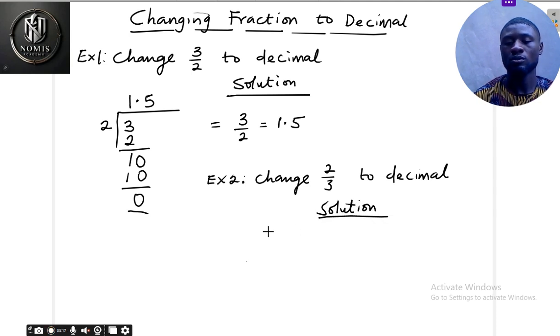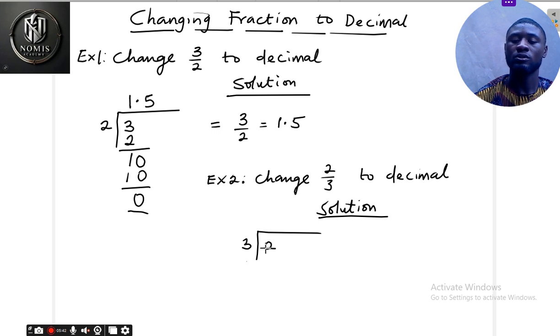Solution. So 2 over 3, our normal long division box would be used. So in the case of 2 over 3, 3 will be outside because 3 is to divide 2, and then 2 would be inside. I believe you can see the difference.